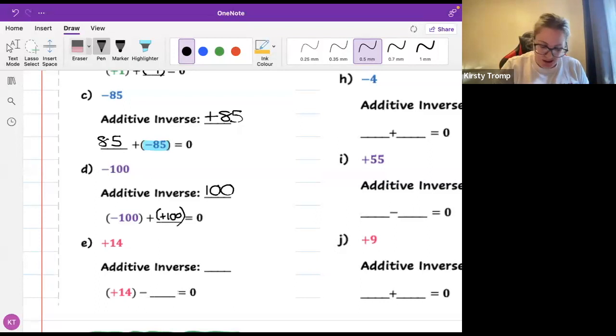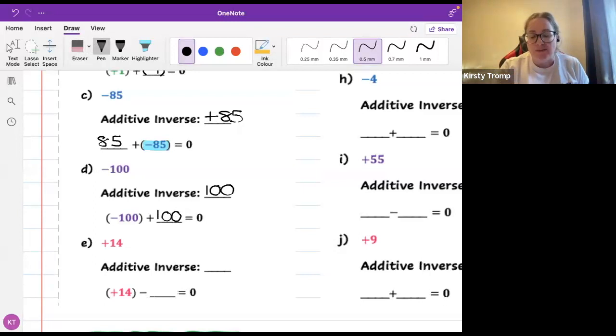It looks messy. It doesn't look like maths. We know that that 100 already has a plus on top of it, and so there is our positive sign there. So you've got negative 100 plus 100 will give me 0.